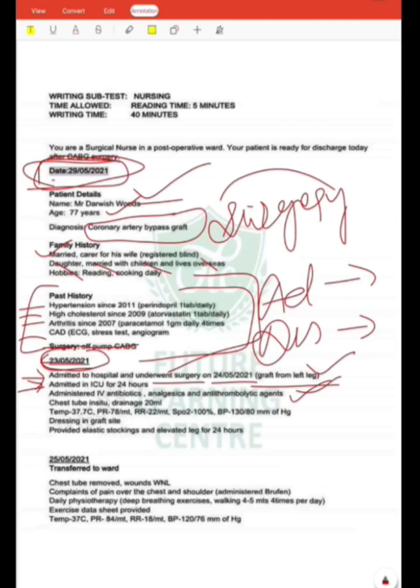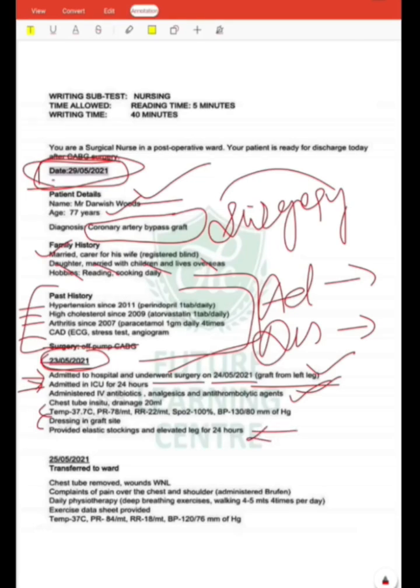Chest tube was in situ. Drainage was 20 ml. Vital signs were in normal range. Dressing was done on the graft site, which is the left leg. He was provided with elastic stockings and elevated leg for 24 hours to reduce the swelling.